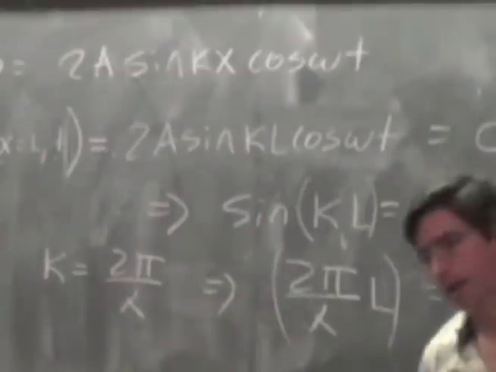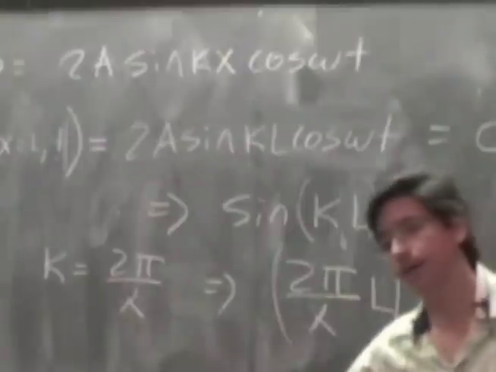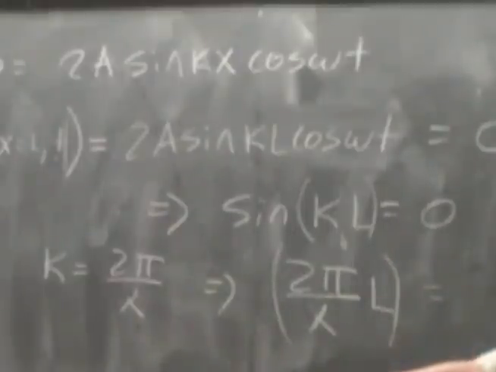The sine of what angle is 0? Pi, right? What other angle gives you sine 0? We already said 0, pi, 2 pi also, 3 pi, 4 pi, etc. So if that is equal to any multiple of pi, you're good.